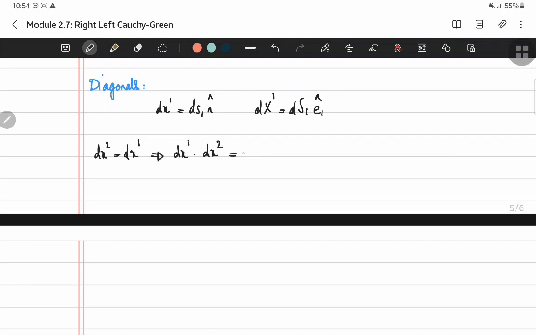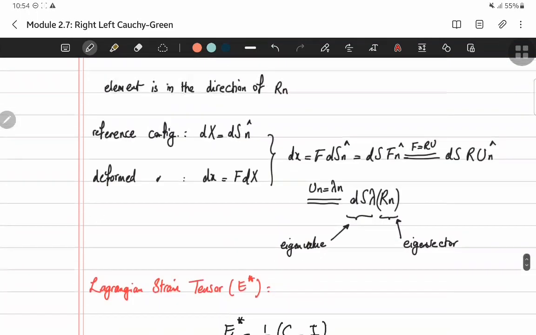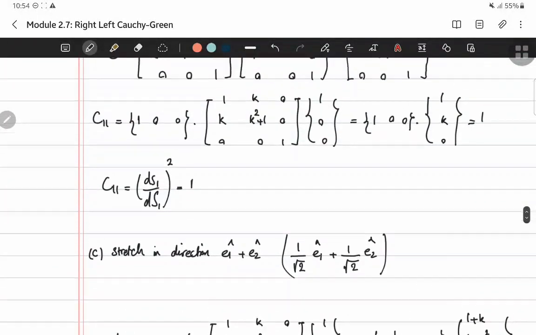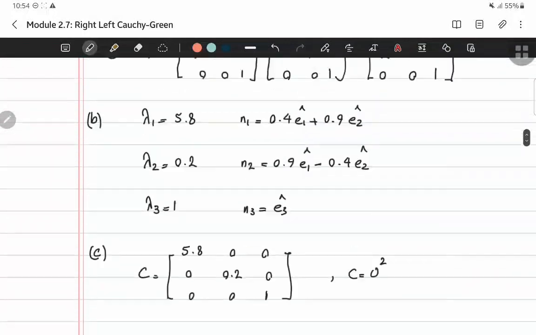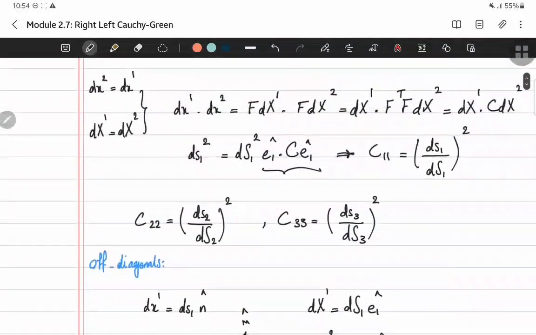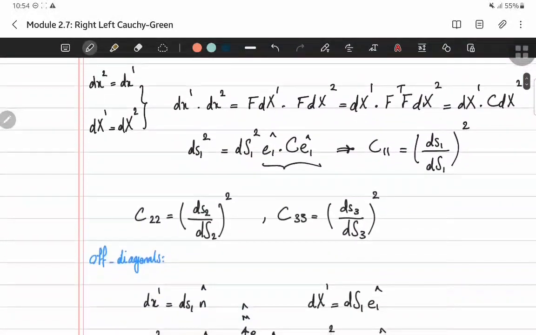This is equal to, if you remember, dx1 dot C d capital X2. We already had this equation here; we already derived it.